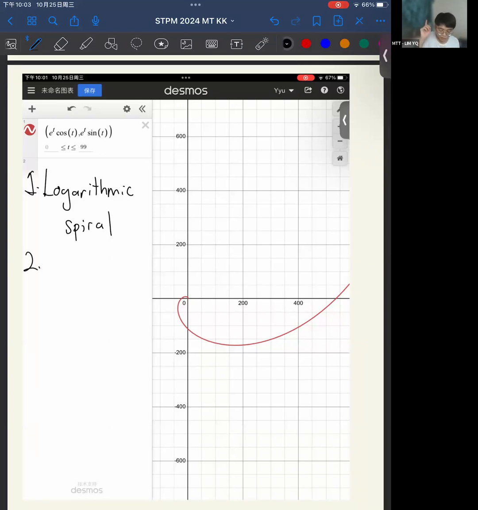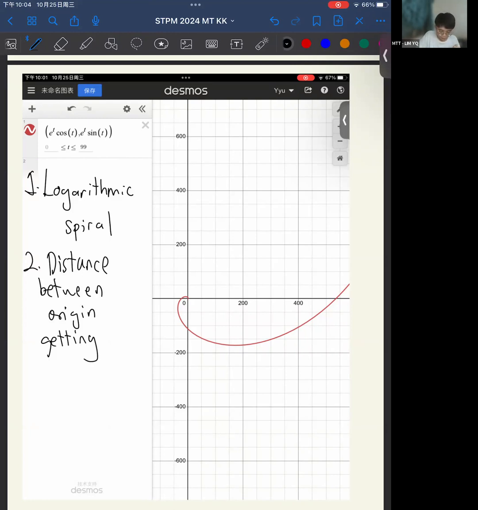The second conclusion you can say is that the distance from the origin becomes bigger, or you say the modulus becomes bigger.